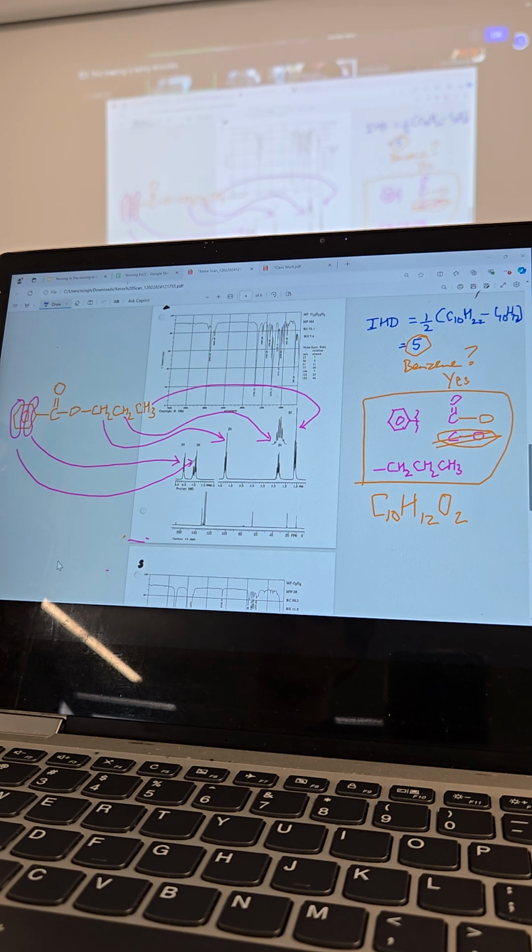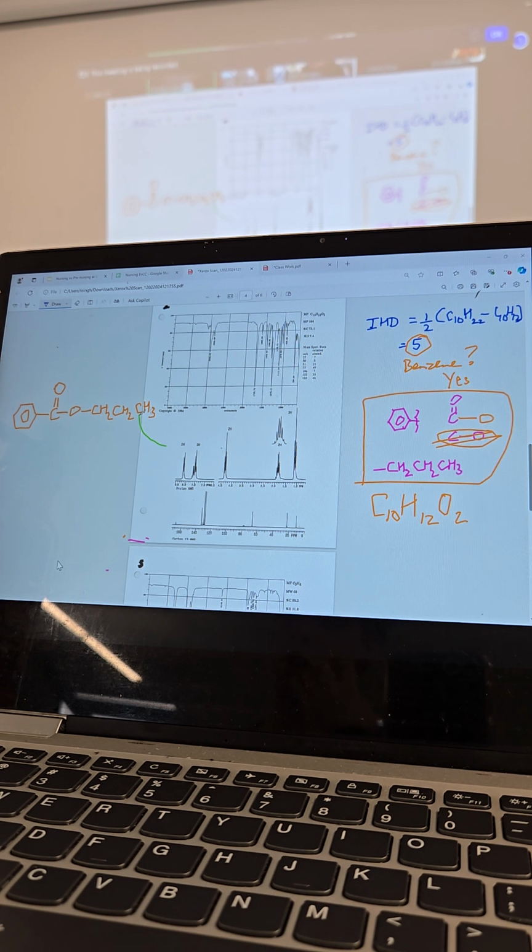Everybody okay? What about carbon NMR? Let's assign signals for carbon NMR. So, would you agree that this carbon is giving us that signal right there?